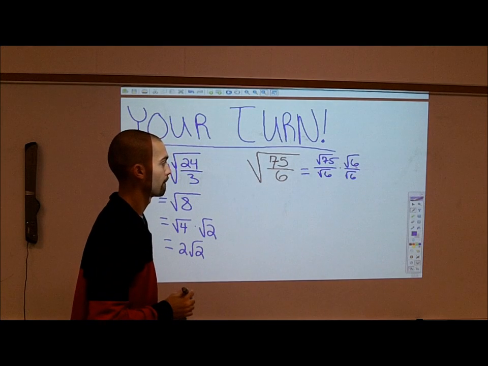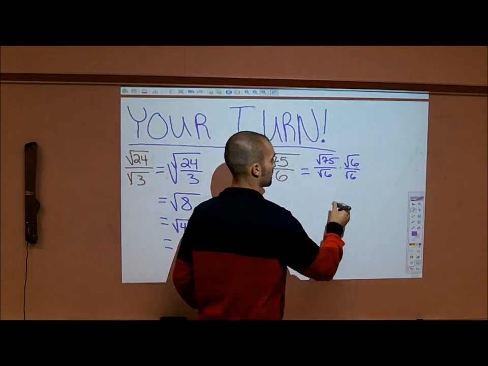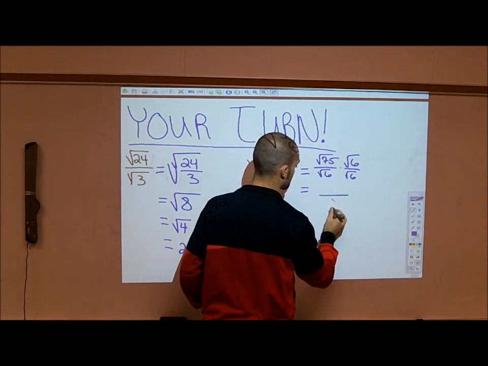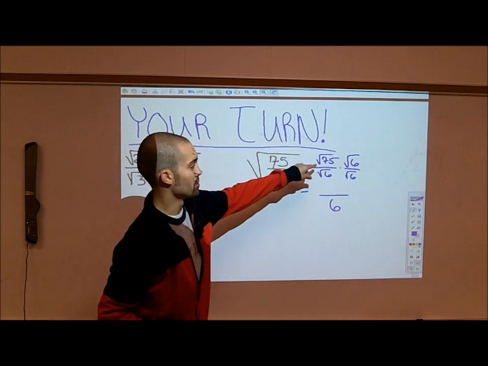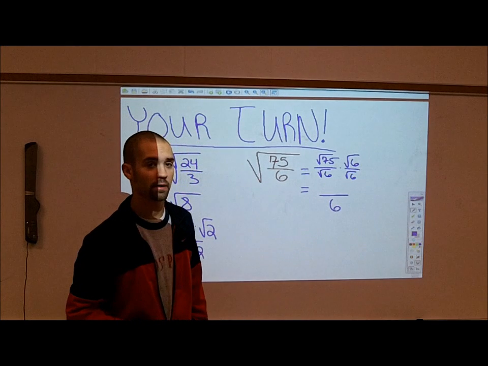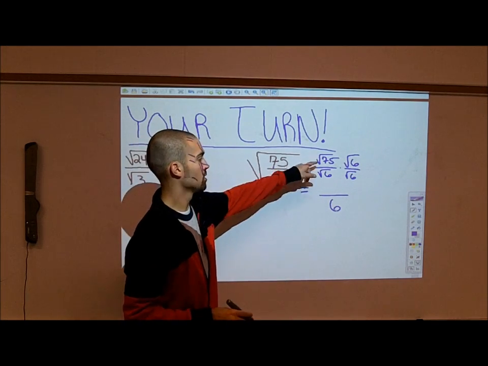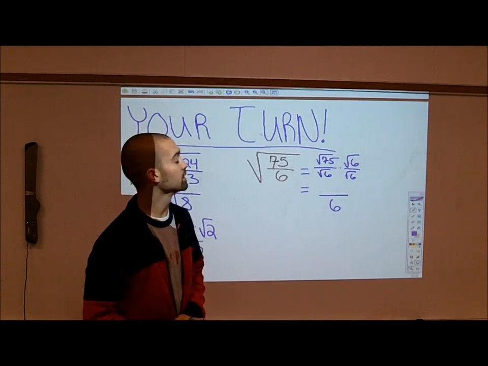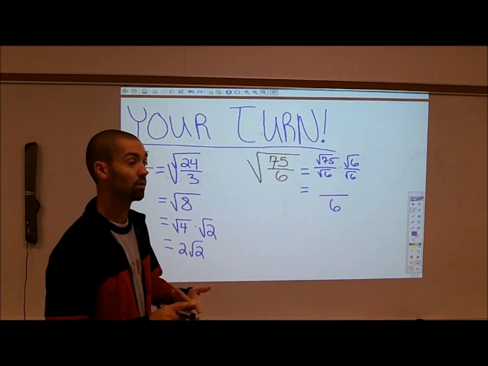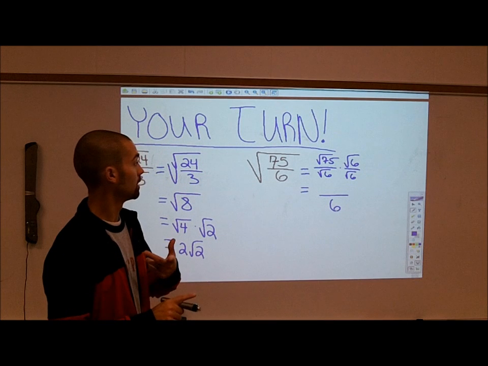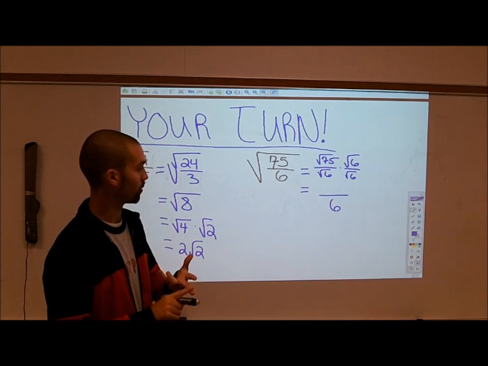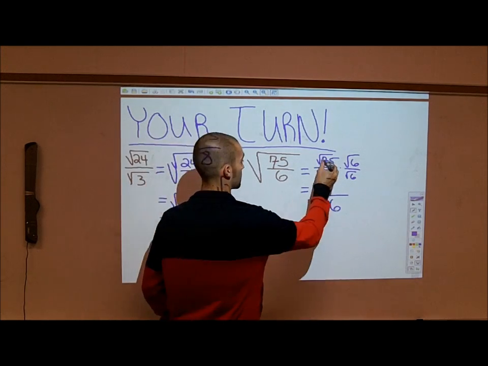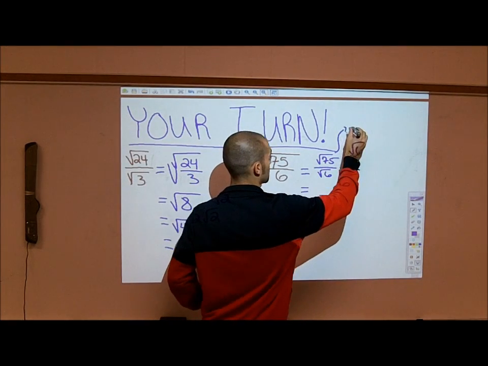Well, we know that the bottom is going to be equal to 6. We know that we're going to be multiplying the top. So can we simplify anything up top there? Well, let's see about 75. It's not a perfect square. But does a perfect square go into 75? Well, 64 does not, 49 does not, 36 does not, 25 does. So I'm going to go up here with this work.